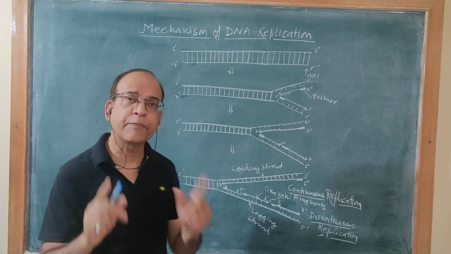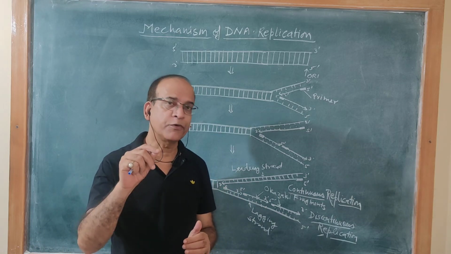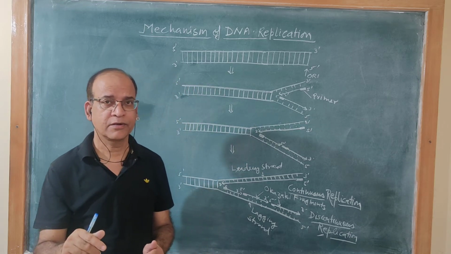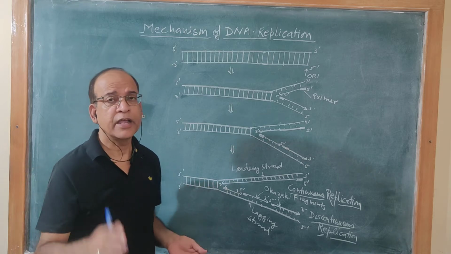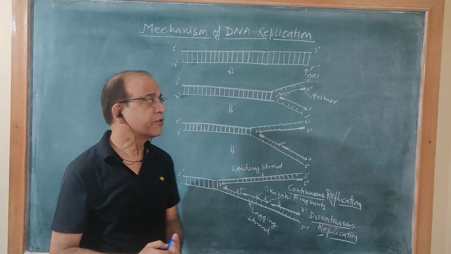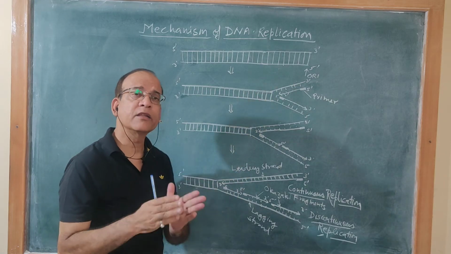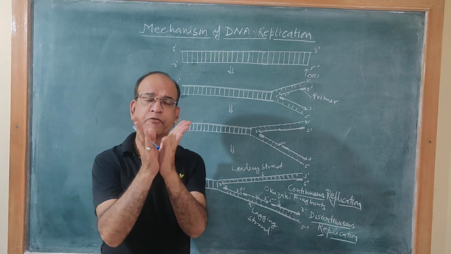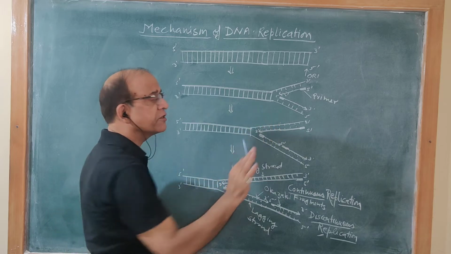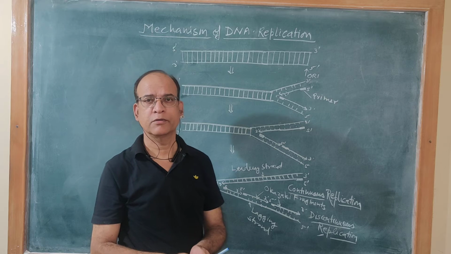This separation starts from the point of ORI, the origin of replication, and it is controlled by the enzyme helicase. When the two strands of DNA are separated, the DNA becomes a Y-shaped structure. This Y-shaped structure of DNA is called the replication fork.